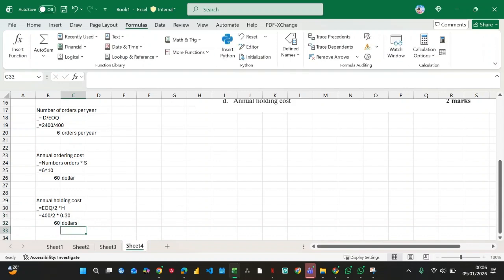So this will give us 60. The holding cost is also $60.